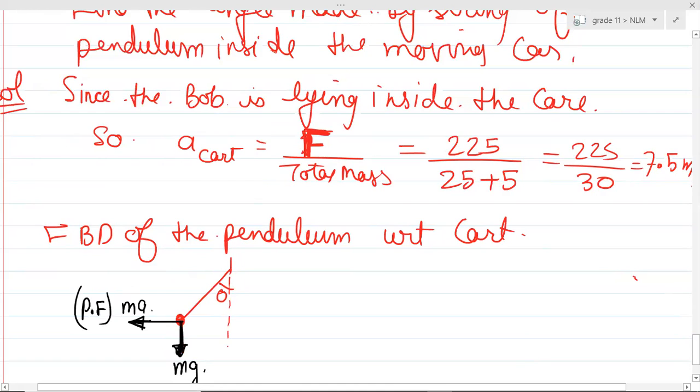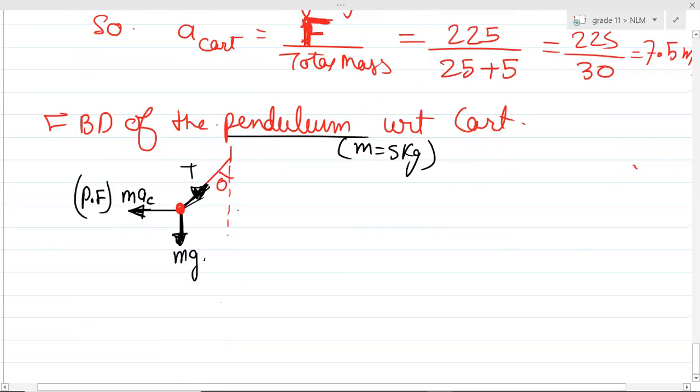Mass multiplied by the acceleration of the cart. Please remember here m will be 5 kg because you are drawing the free body diagram of the pendulum. And what else? The tension. So can you see how many forces are acting? 3 forces are acting on this block.